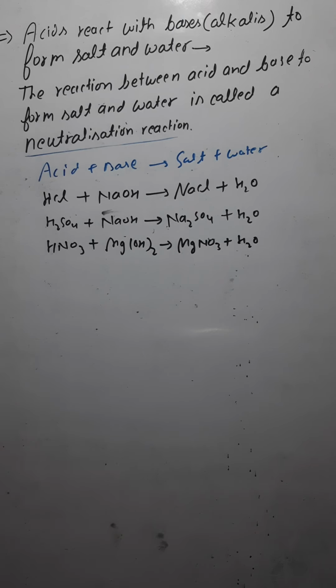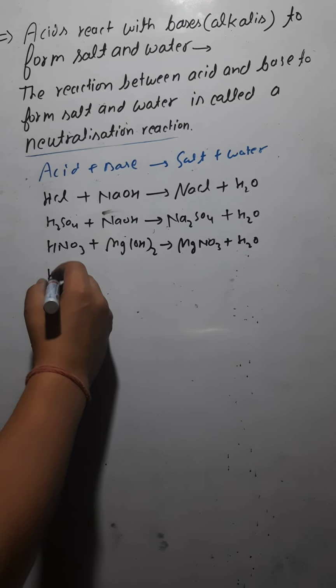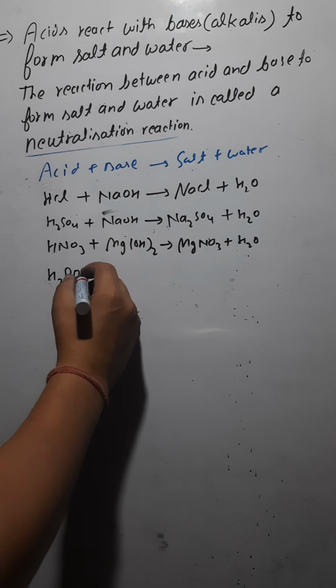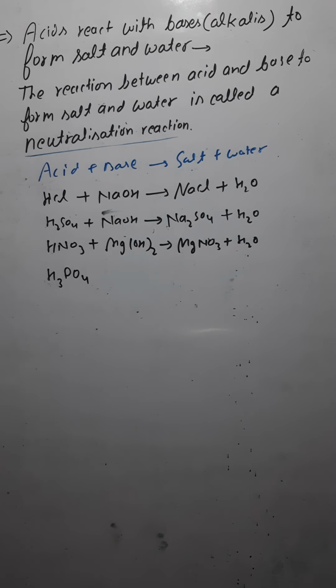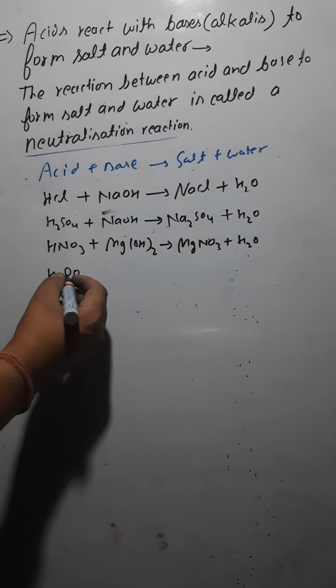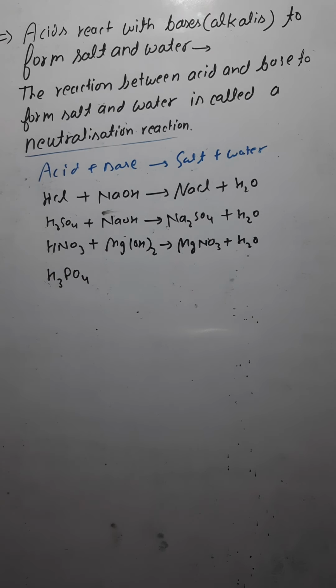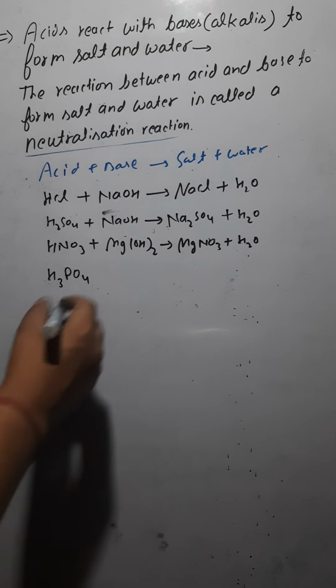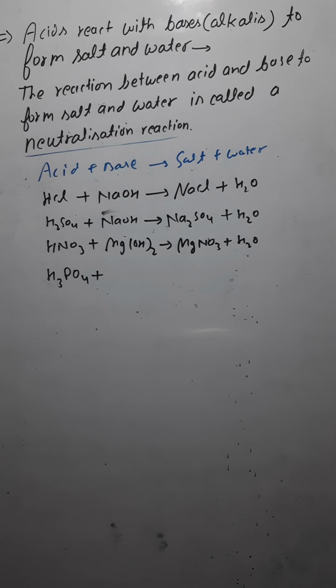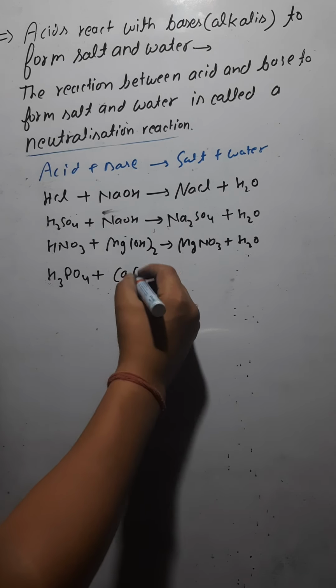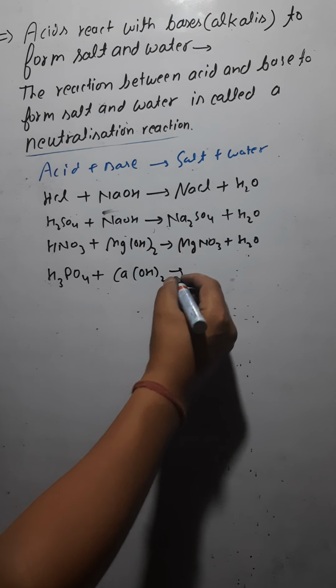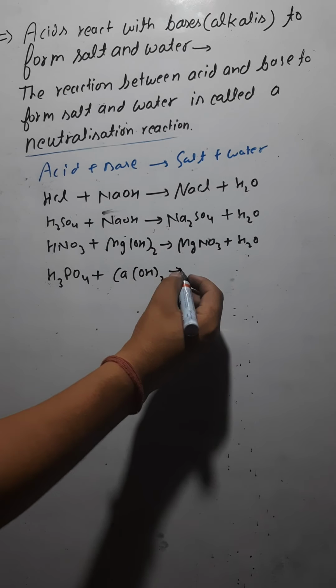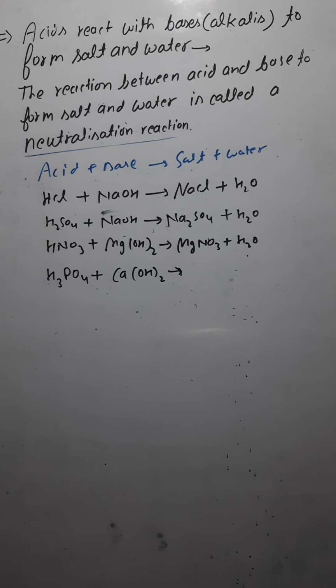Now one more important reaction. H3PO4. Can you name this? It is known as phosphoric acid. So when phosphoric acid is reacting with calcium hydroxide, Ca(OH)2, here the charge on calcium is +2, and OH is -1, so that is why 2 is there.